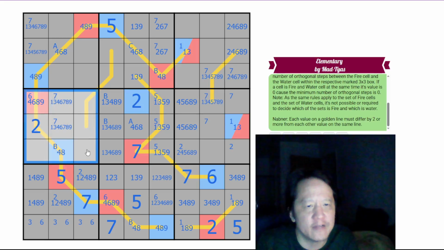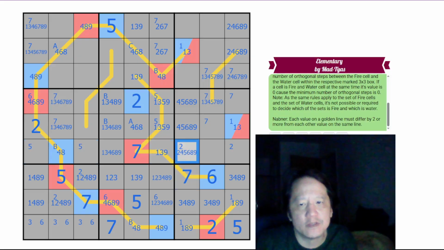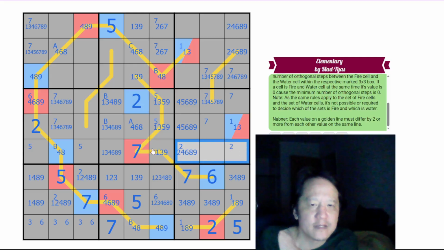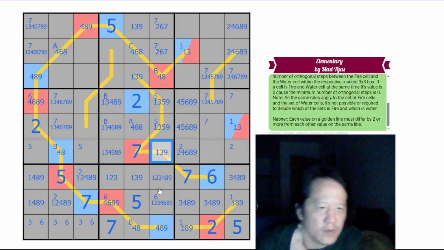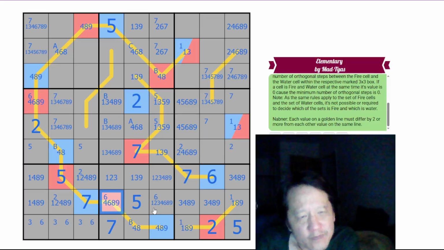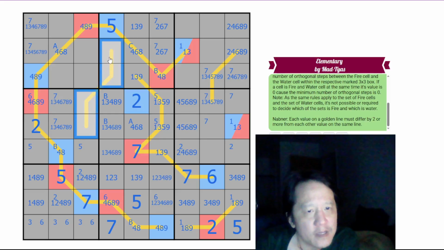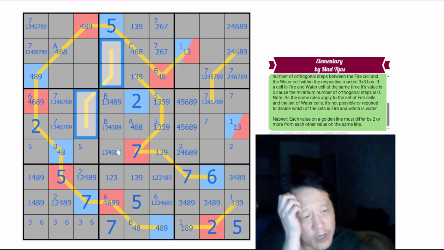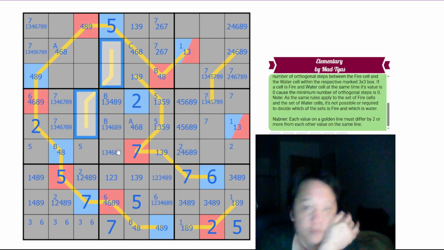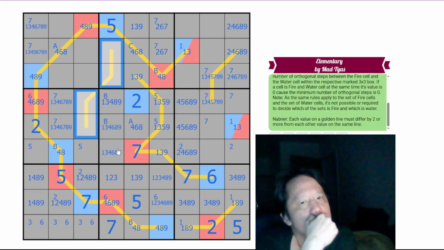Where is 5 in box 4? It has to be one of these two, which means this can't be 5 here. This can't be 5 either. That's not that helpful, though. This is very convoluted, it feels. B cannot be on this line, and B is 4 or 8.